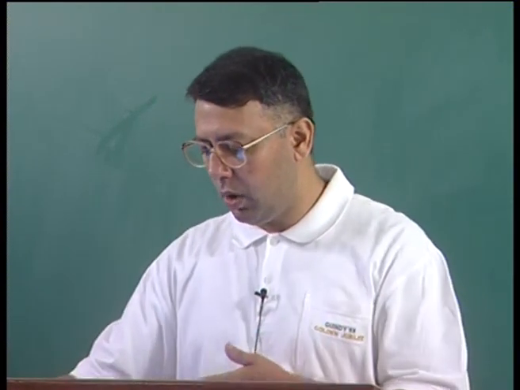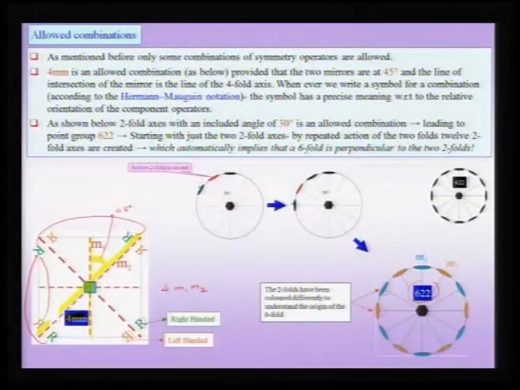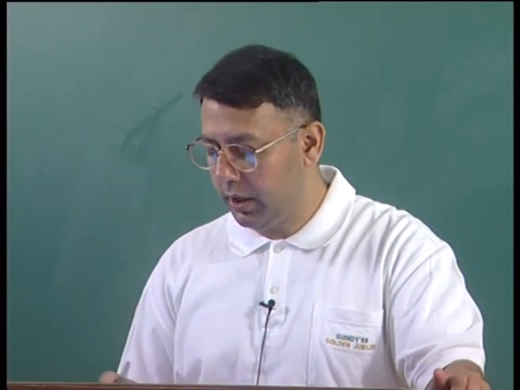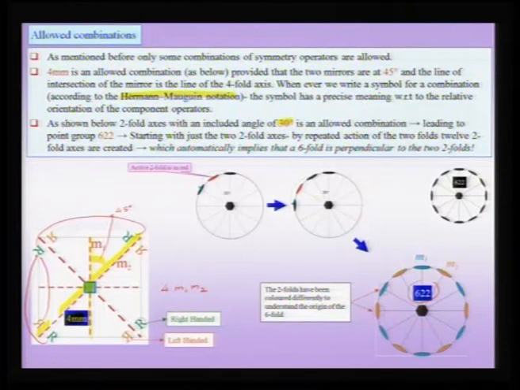Now, another allowed combination is shown here, which is 6-2-2, and these combinations are typically written out using what is known as the Hermann-Mauguin symbol, which is a shorthand notation for these symmetry operations. In the second example shown here, as I had pointed out before, if I am talking about two-folds, any arbitrary angle between the two folds is not allowed, but a 30-degree included angle, as shown here, is an allowed combination.